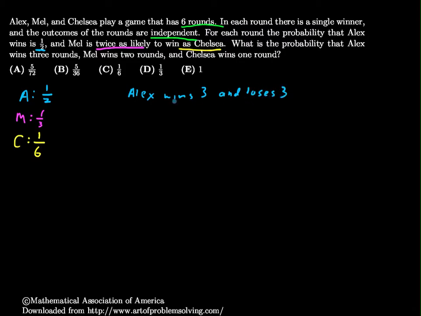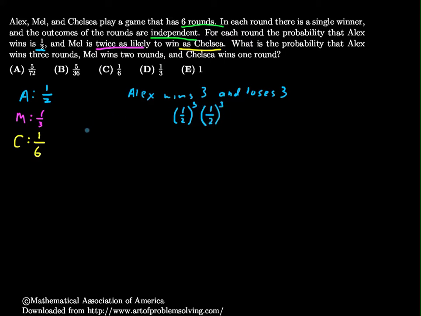He has a 1/2 probability of winning, so that's 1/2 to the 3rd power that he wins 3. And he has a 1 minus 1/2, so he has a 1/2 probability of losing, so that's also 1/2 to the 3rd.